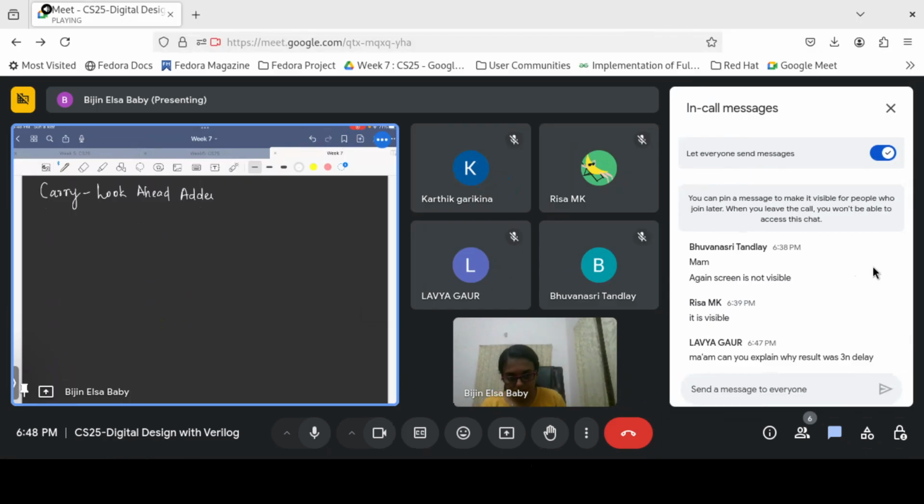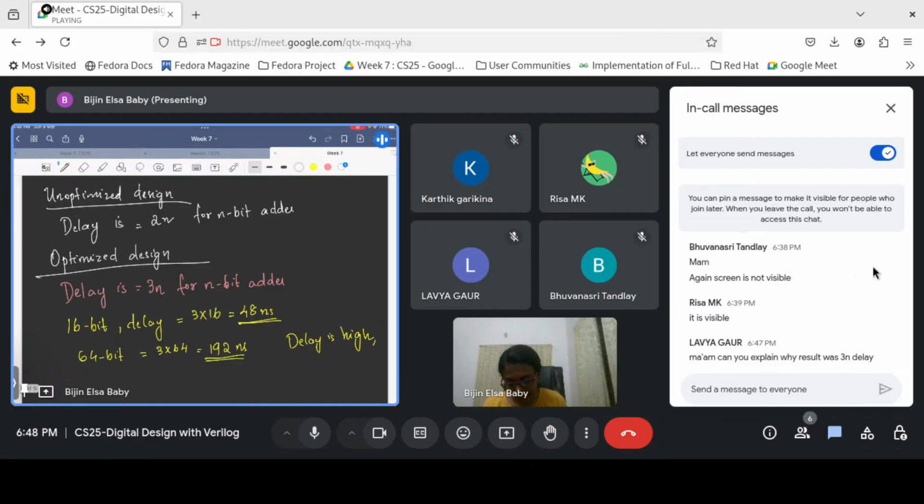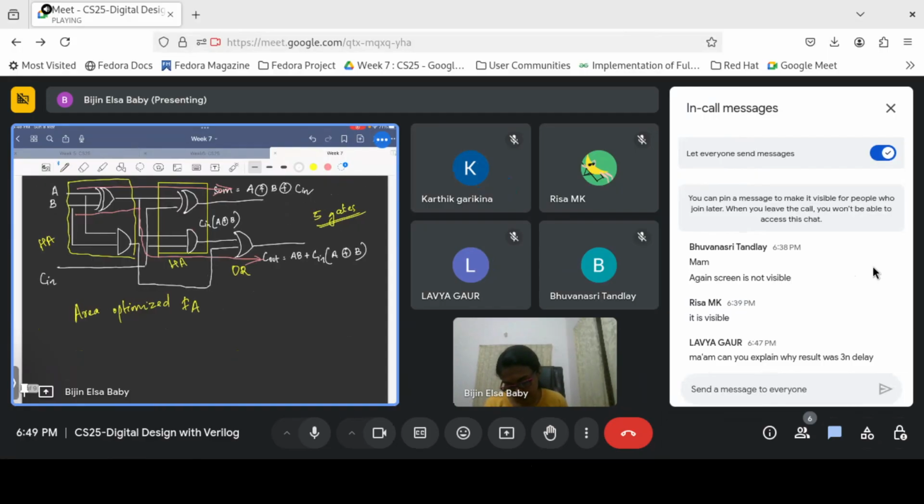But then I will explain why it is going in. For a single adder, this is the design for the adder. So here we need to find out the critical path.